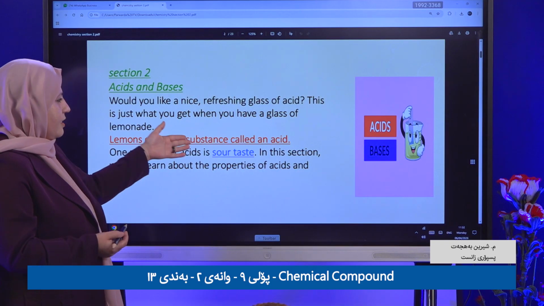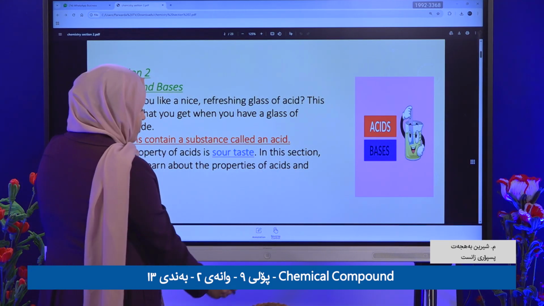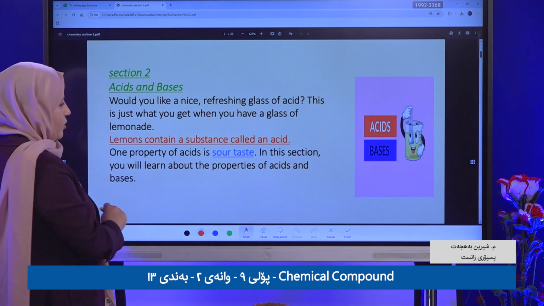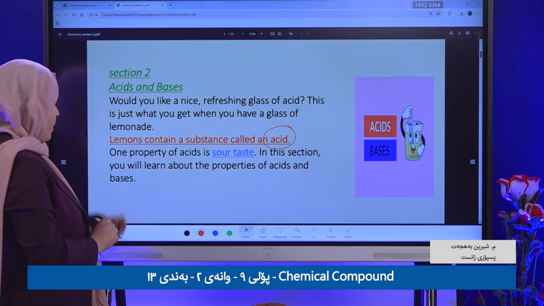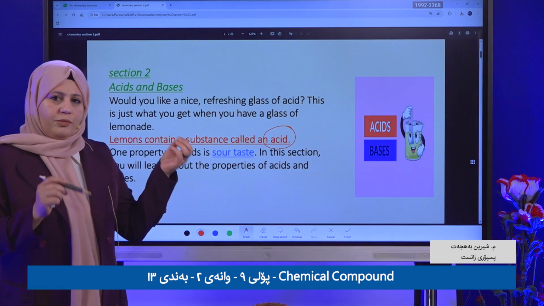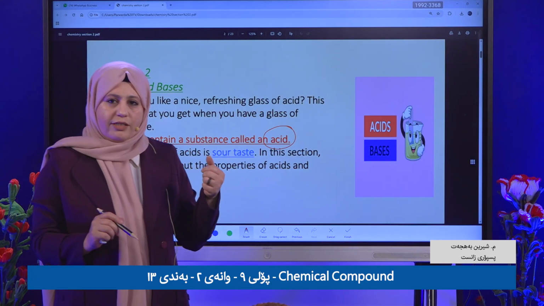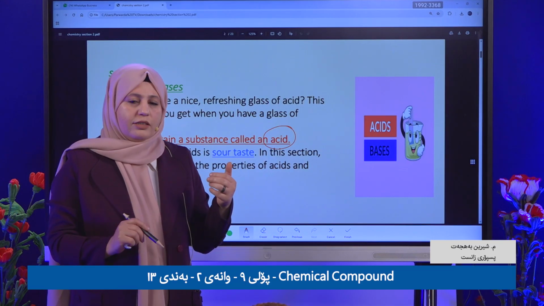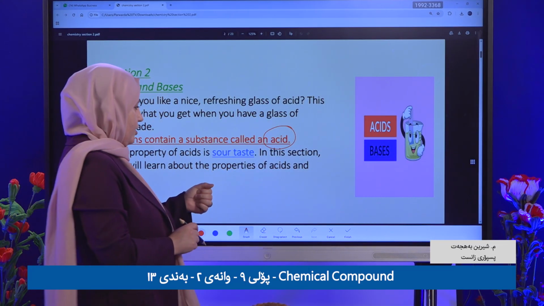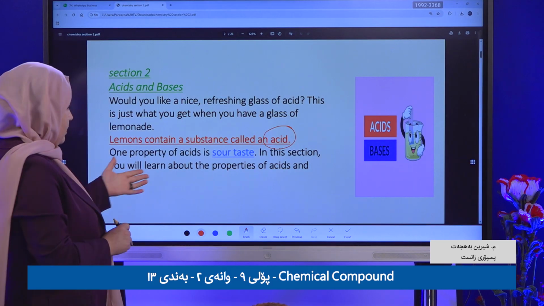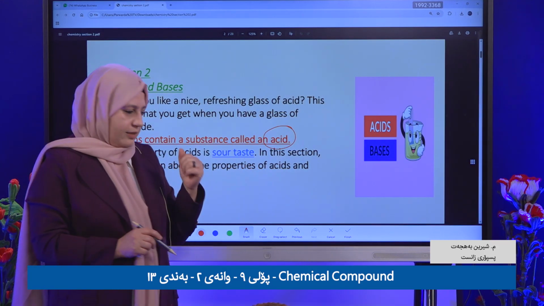Lemonade contains a substance called acid. One important property of acid is sour taste. But sour taste is not the only thing indicating that it is acidic. In this section, we will learn about the properties of both acid and base.